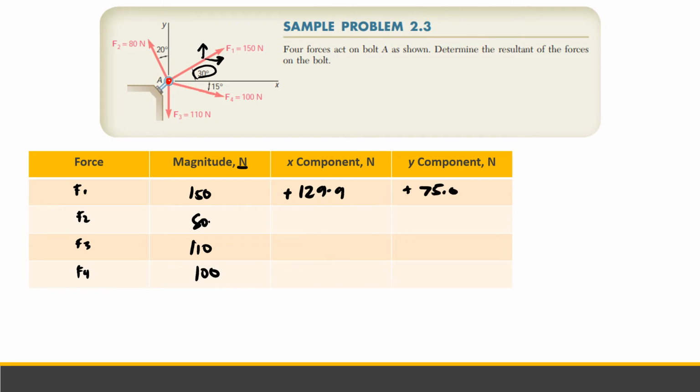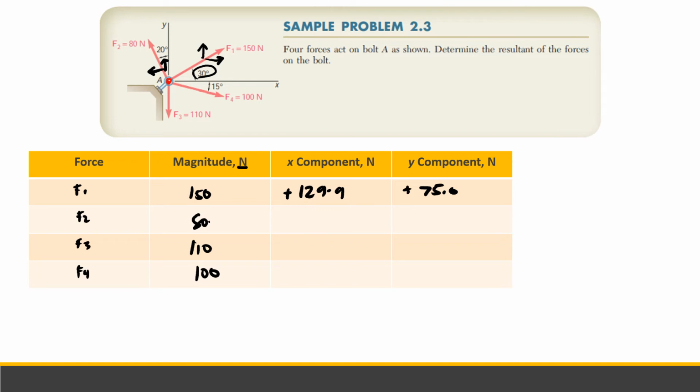F2 has a positive Y and a negative X component since it is going in the other direction.